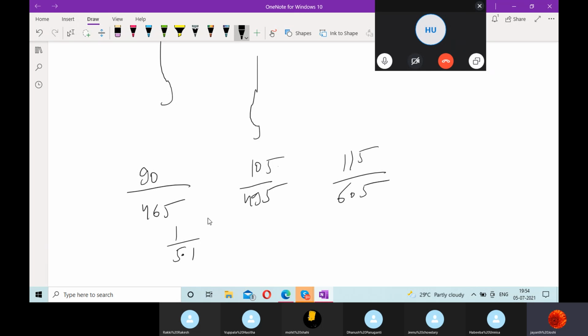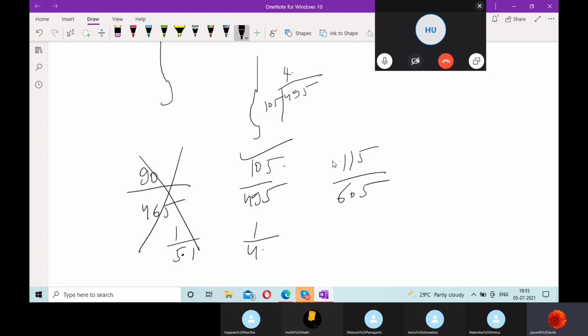105 by 495. So we will just do 495, 105. So if I take 4 point something will give me the answer. So 1 by 4 point I'll get. So this will be a bigger fraction than this. This is cancelled. Now these two are there. 605 by 115.